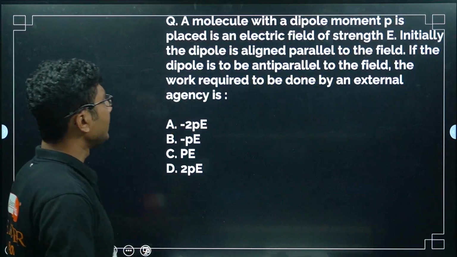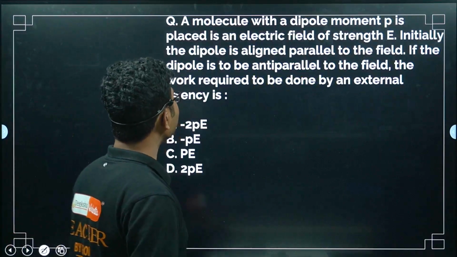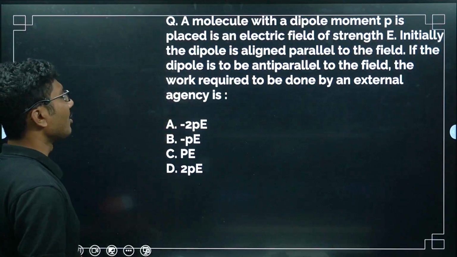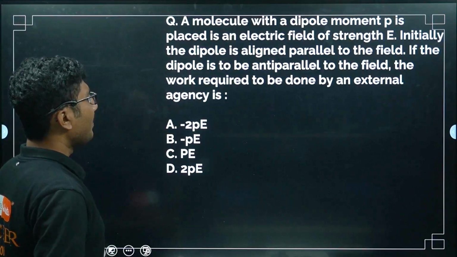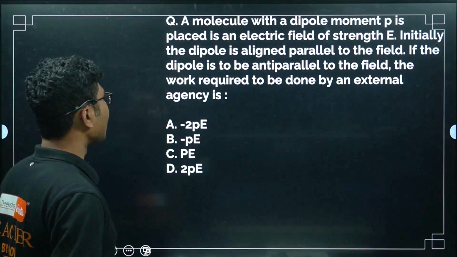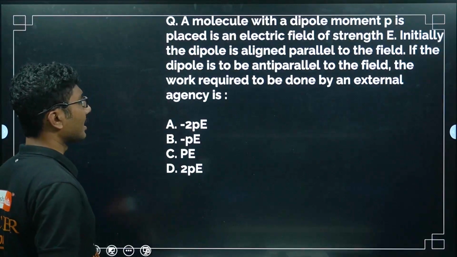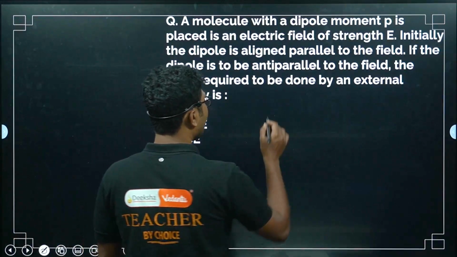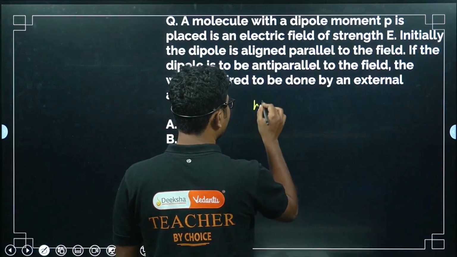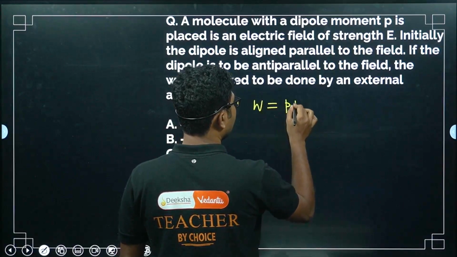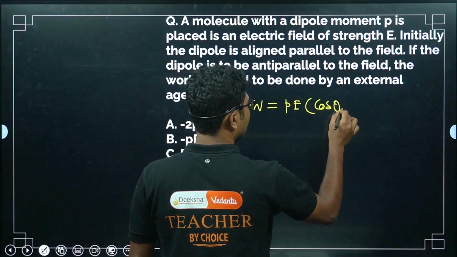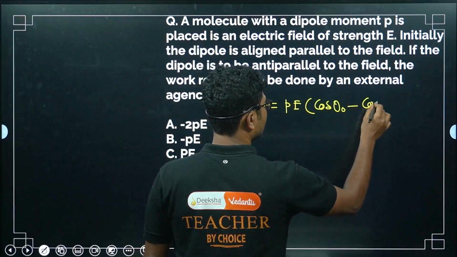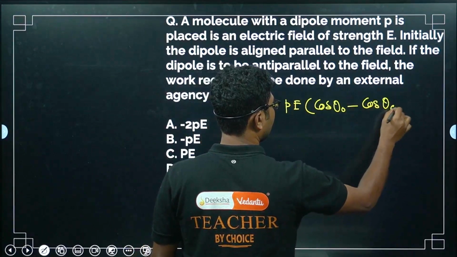A molecule with a dipole moment P is placed in an electric field of strength E. Initially, the dipole is aligned parallel to the electric field. If the dipole is to be turned anti-parallel to the field, find the work done required. So, we know that work done in this case is given by P E times cos theta 0 minus cos theta final.